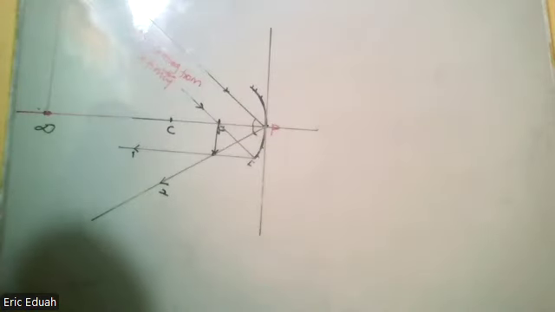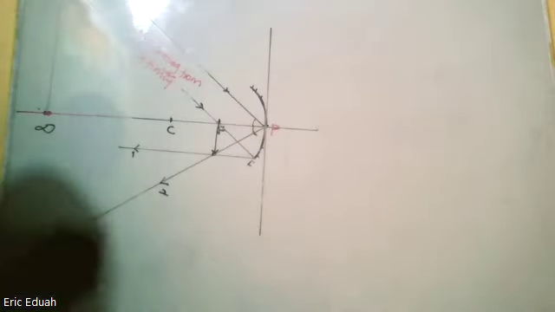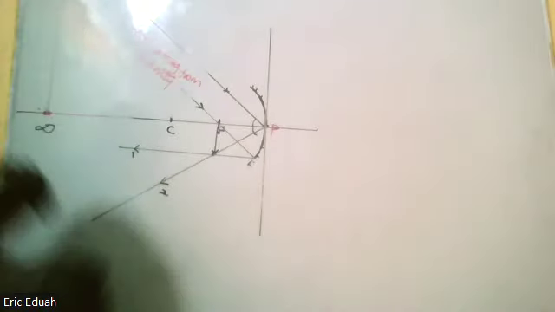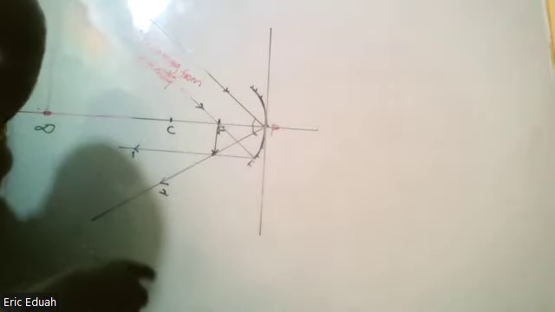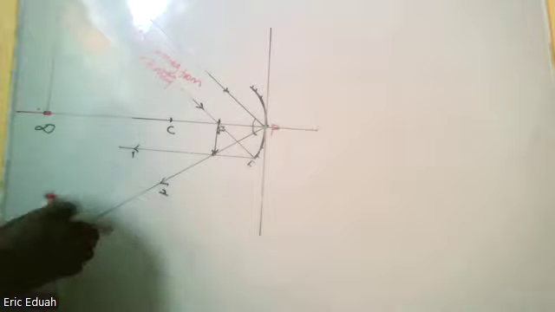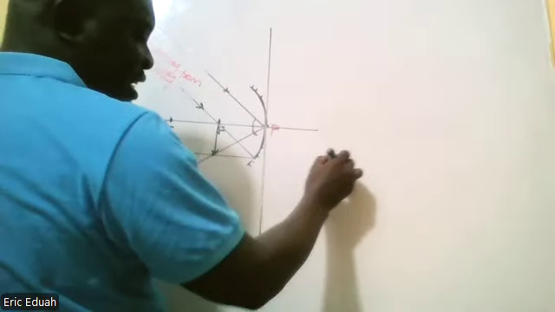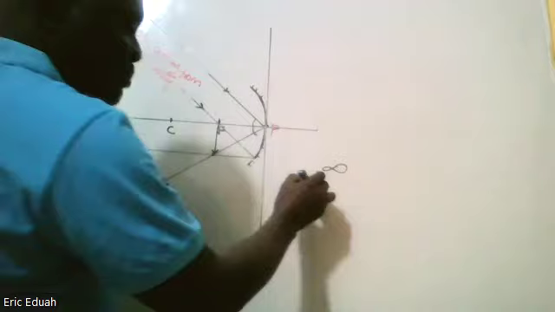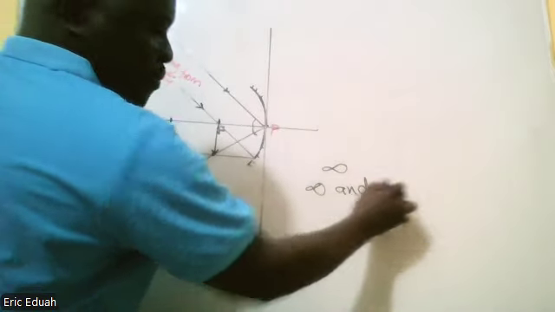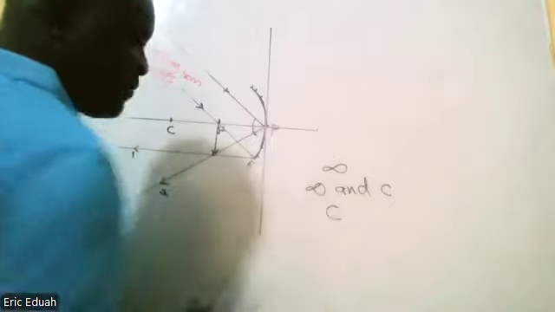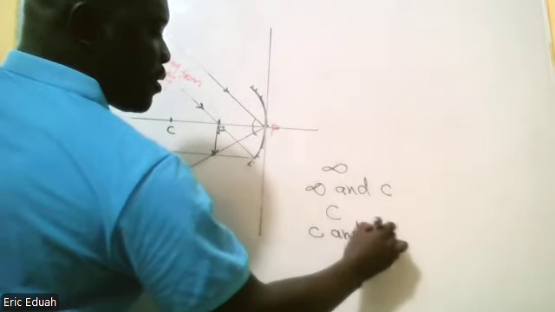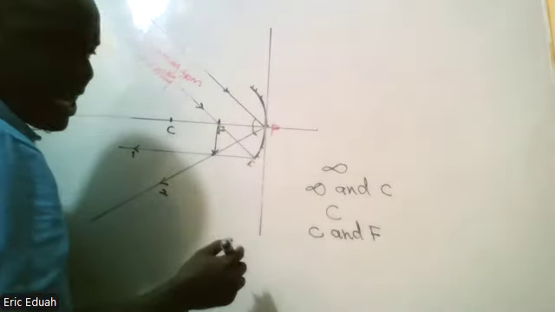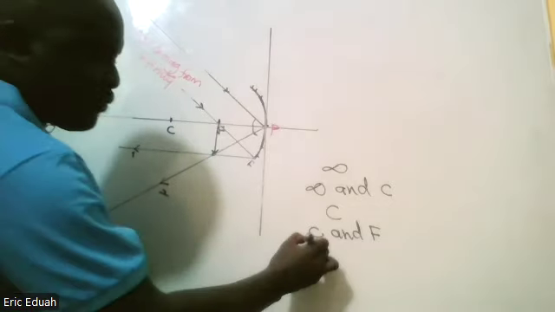All right, so let's look at what pertains in convex mirrors. We've done concave mirrors, which, by virtue of different positions of the object, can give you different descriptions of the image formed. So we've looked at when the object is at infinity, when the object is between infinity and C, when the object is at C, when the object is placed between C and F, when an object is placed at F, what happens?